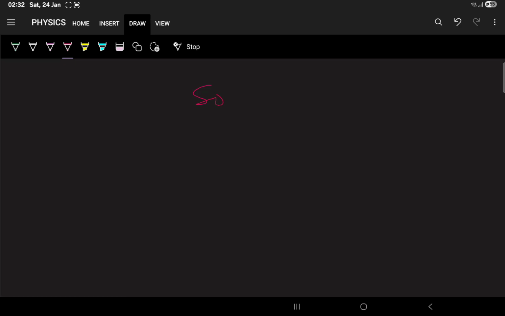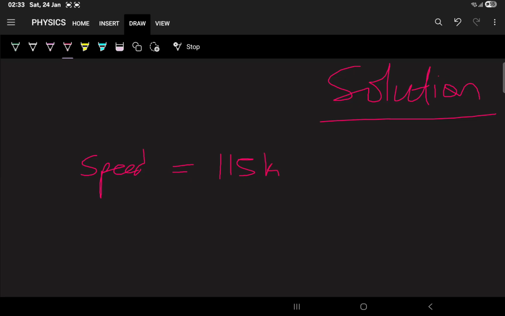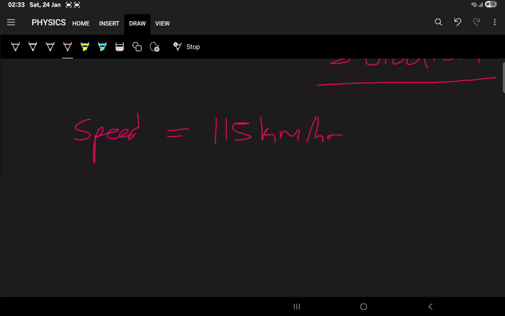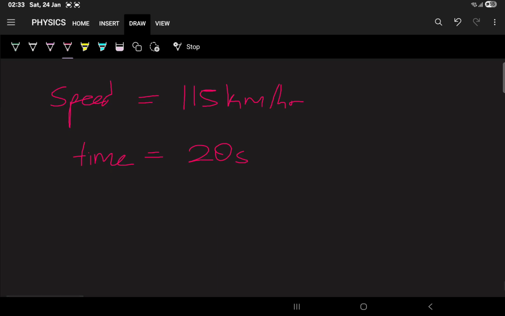Now this will be the solution. We're given the speed to be 115 kilometers per hour, and we're also given the time duration as 20 seconds. Now we're asked to find the distance.